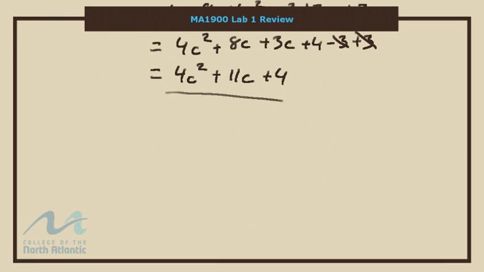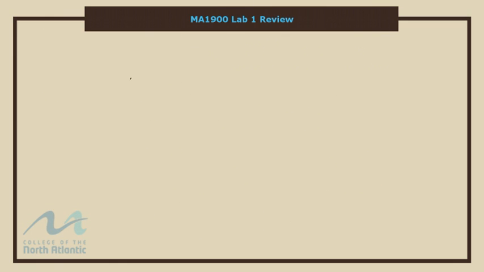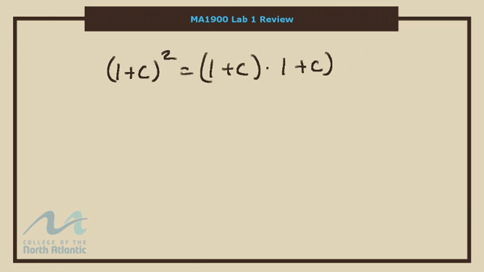So I had (1 plus c) squared, which is equal to (1 plus c) times (1 plus c). I use my properties, and I get 1 times 1 gives me 1.